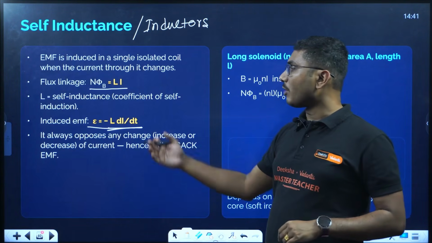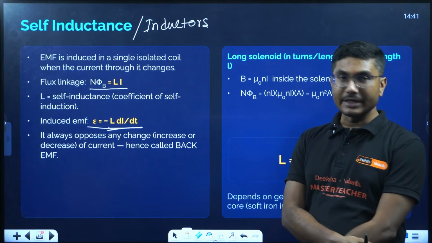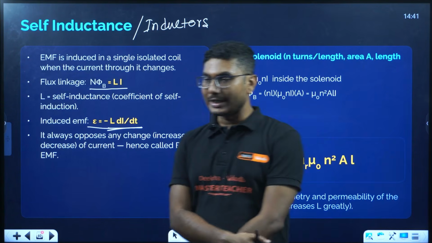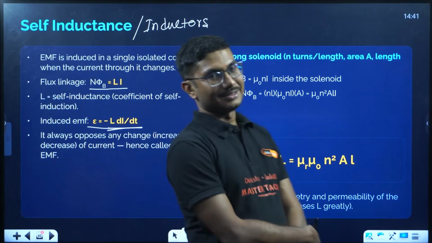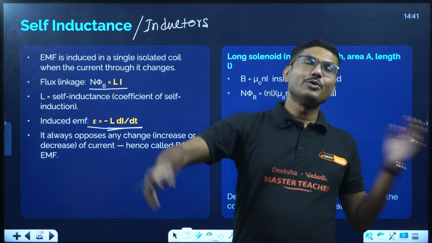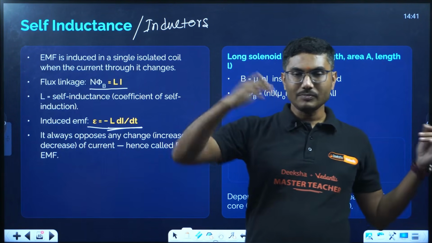It always opposes any change, increase or decrease, of current. If the current tries to decrease, then the induced EMF will increase, so that it tries to balance the current.